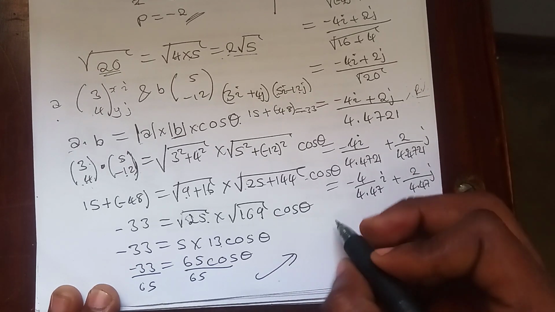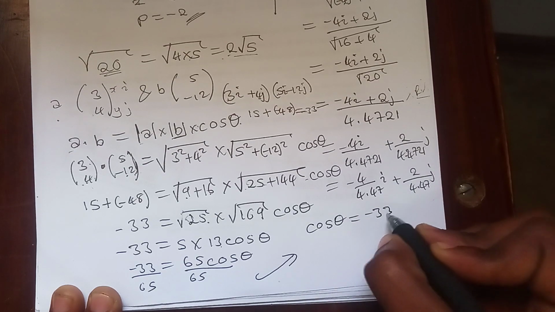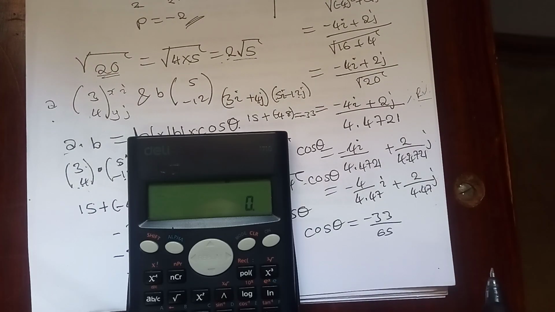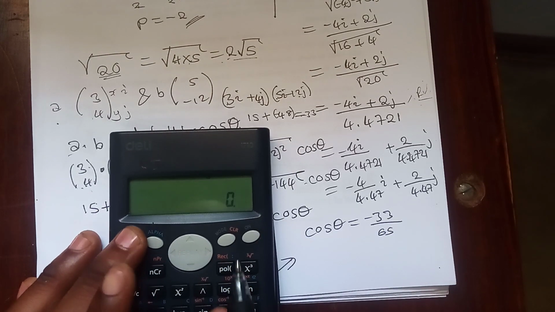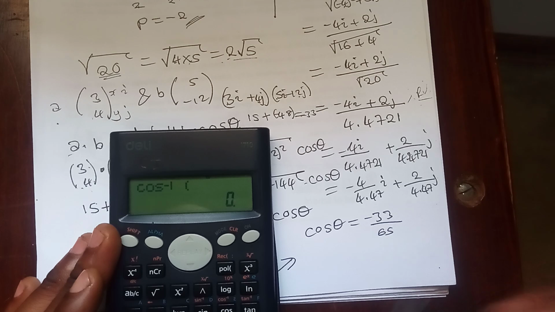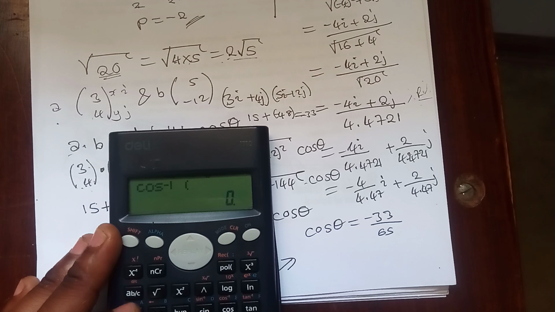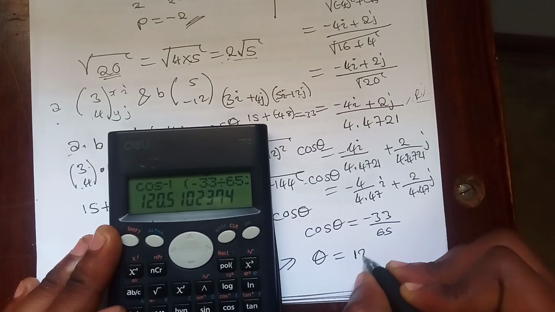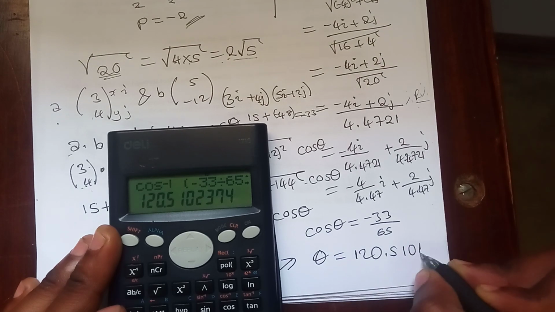So we have cos theta is minus 33 over 65, and then you can use your calculator to find the cos inverse. I don't think you need the alpha here, you just need that exact angle. So minus 33 divided by 65 gives 120.5104.